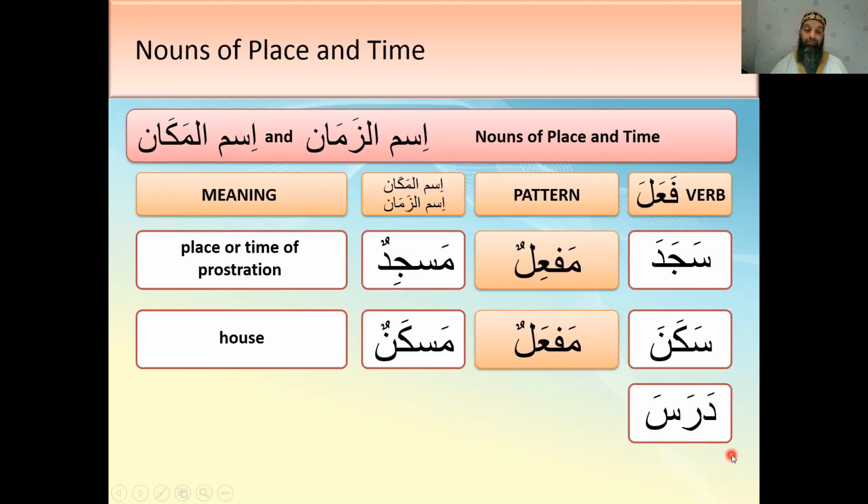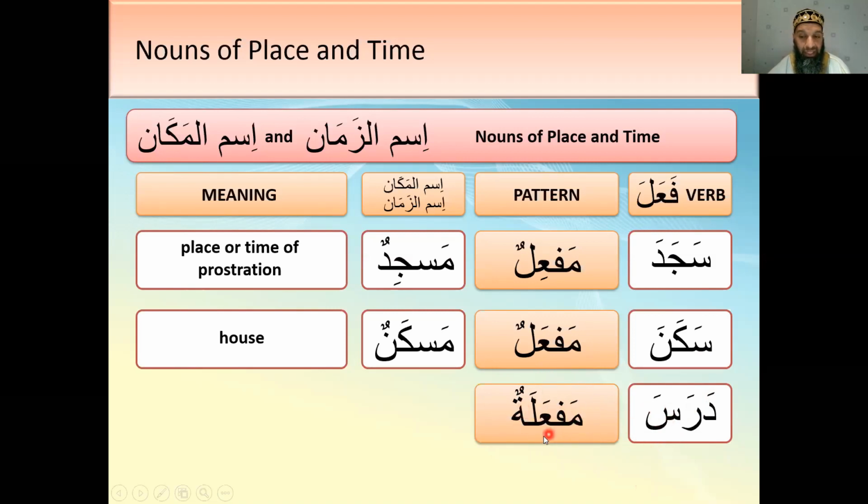Right, so darasa, what does darasa mean? Darasa means to study, to learn. Maf'alatun is the one for the place, for the noun, for the place of the verb.